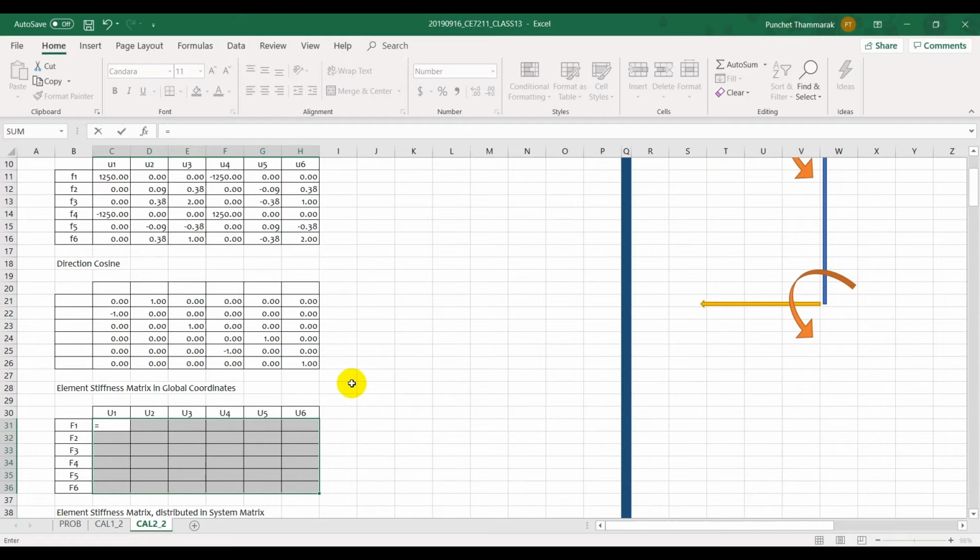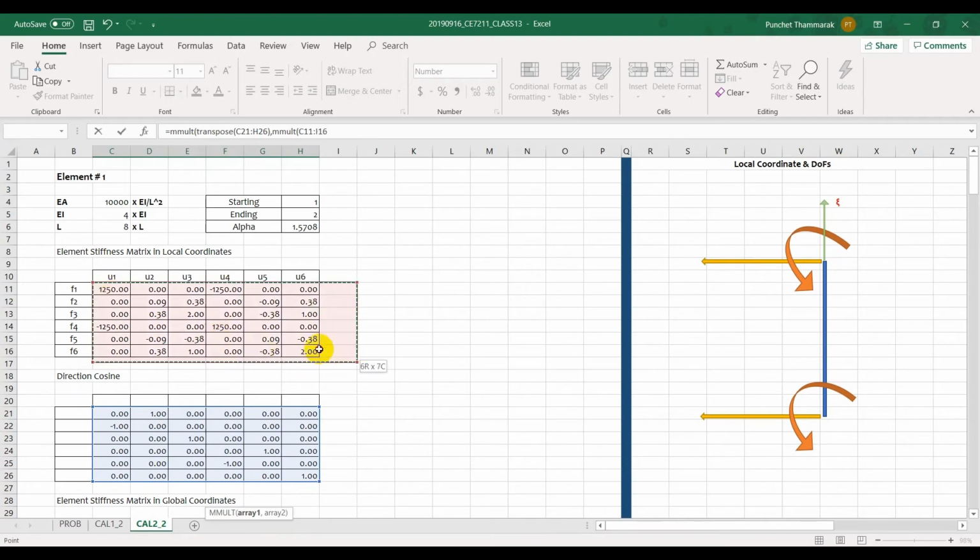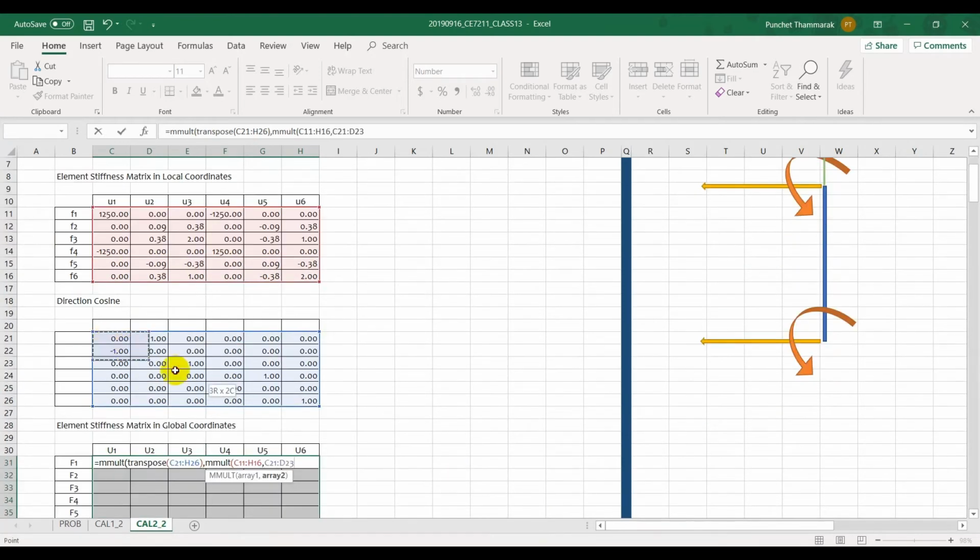So that is equal to matrix multiplication of transpose of the direction cosine multiplied by the multiplication of the stiffness matrix and the direction cosine. Here, close the bracket.